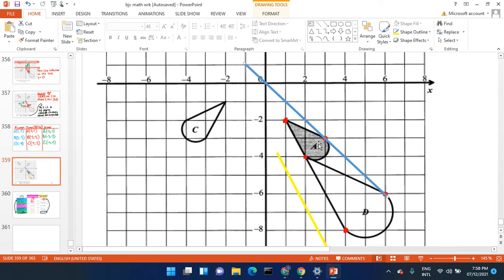So right now, these two, these two, I think they're supposed to be good. This is going to be right here.